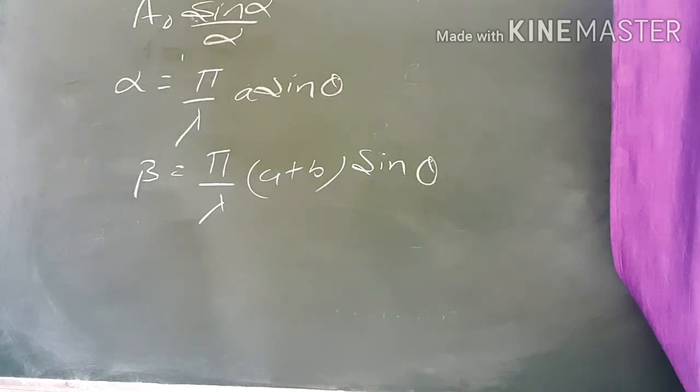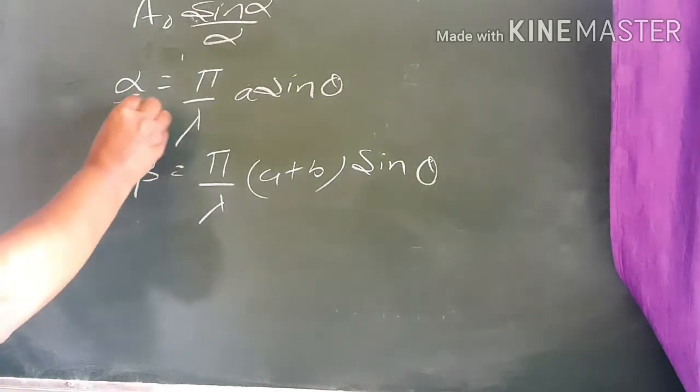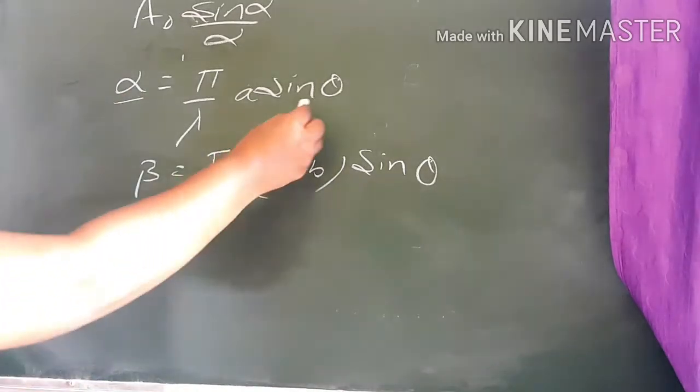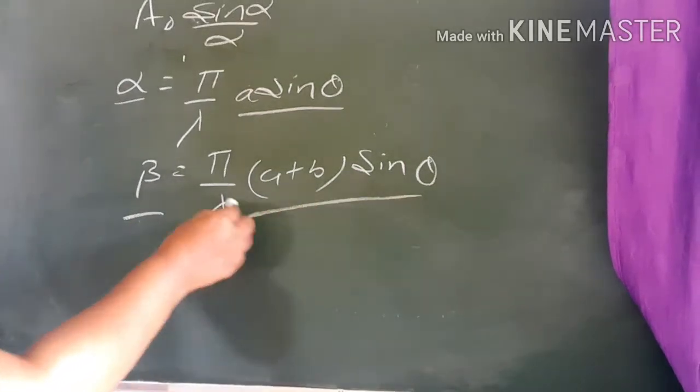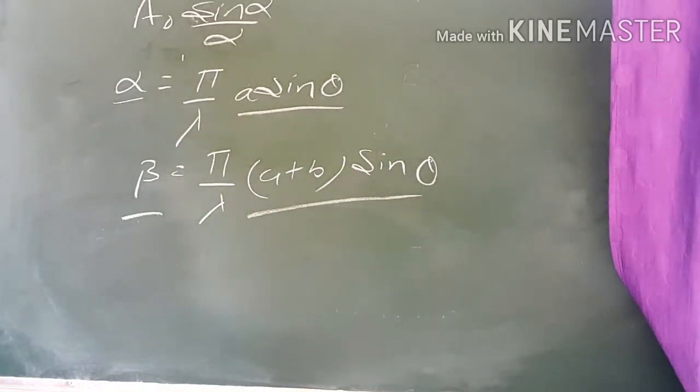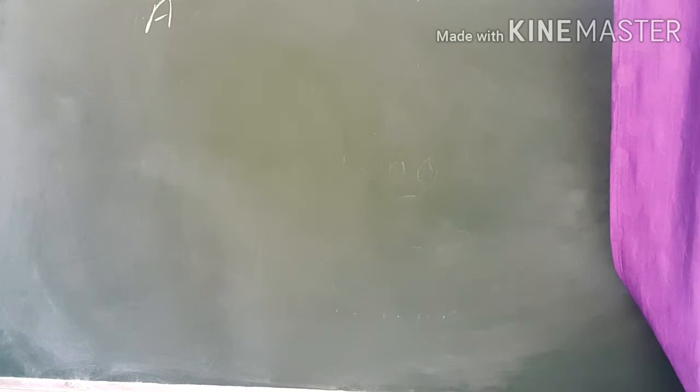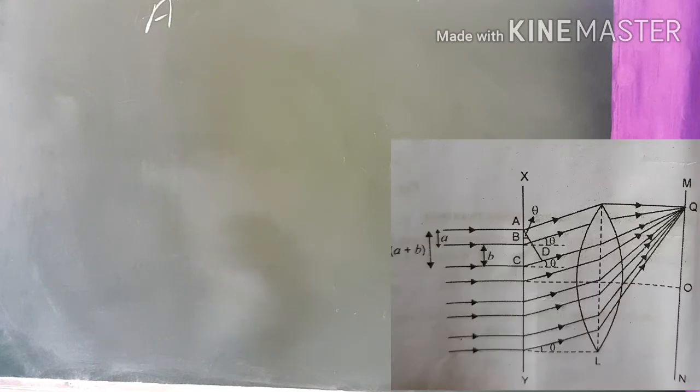The path difference corresponding to alpha was A sin theta, and corresponding to beta the path difference was (A plus B) sin theta. Now we have to find A dash, the resultant amplitude due to all rays coming from the n slits.